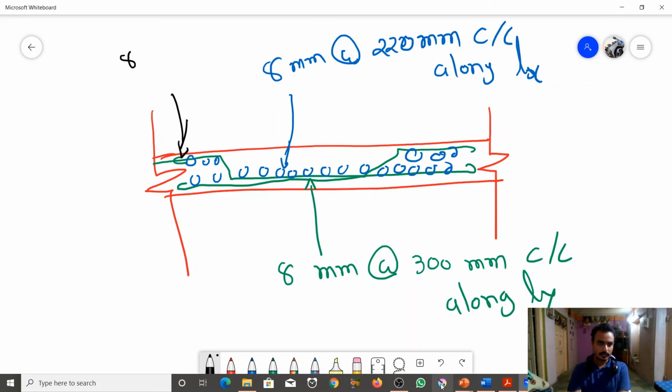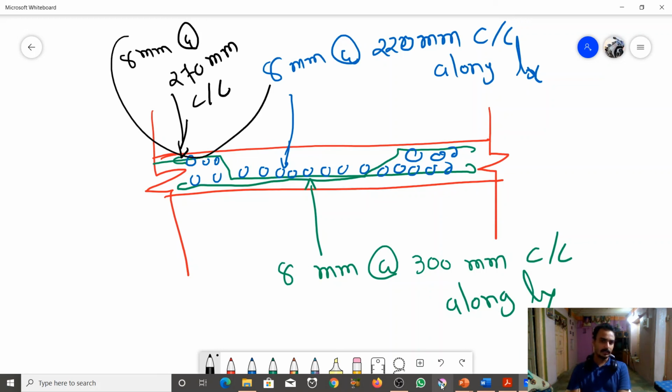Here is 8 mm diameter bar at 270 mm center to center at the support.